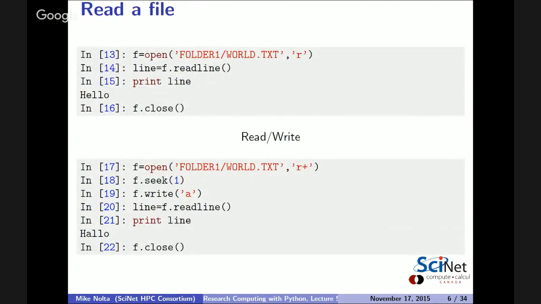Okay, reading a file is similar, but instead you just change the mode to R instead of W, and you can omit this too. As I said, if you just omit the second argument, it defaults to R. Now, typically when you read a file, you'll want to read a line from a file.